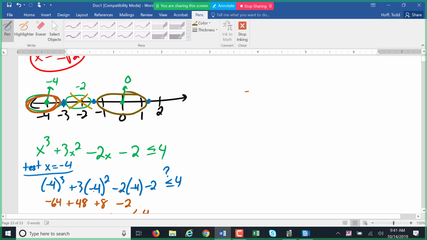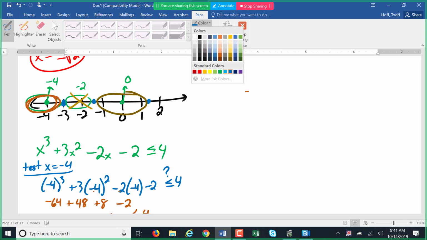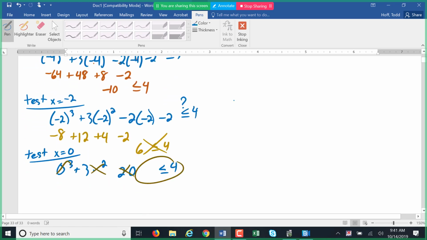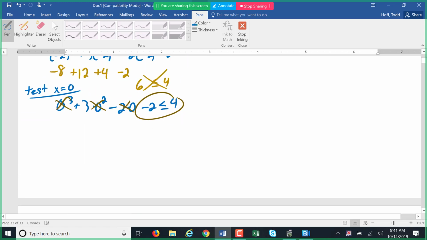And now we're assuming this region over here is probably false, but we're going to test it just to be sure. Test x equals 2. Two to the third plus 3 times 2 squared minus 2 times 2 minus 2.